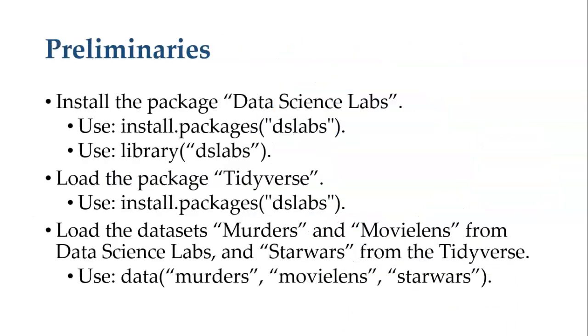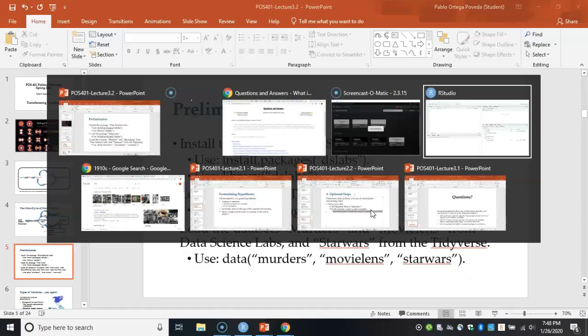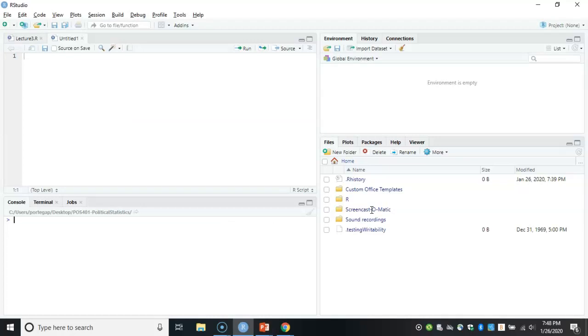Okay. We need to go to some preliminaries. If you haven't installed the package Data Science Labs, go and do it and call that package with the function library. I'm gonna do it with you guys. Remember to do this exercise of replication, which is very useful for you.